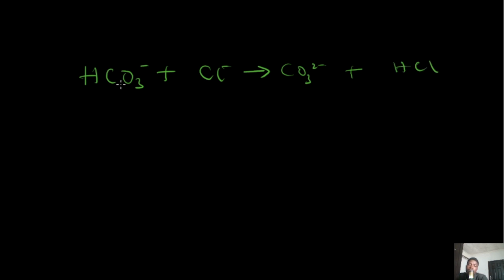Bicarbonate ion used to have a proton, but after the reaction occurs, it donated or gave out its proton to chlorine. Hence, this bicarbonate ion, because it gave out, look at it, it used to have one here, but over here it doesn't have anything. This bicarbonate ion is what we're going to refer to as your Bronsted-Lowry acid.